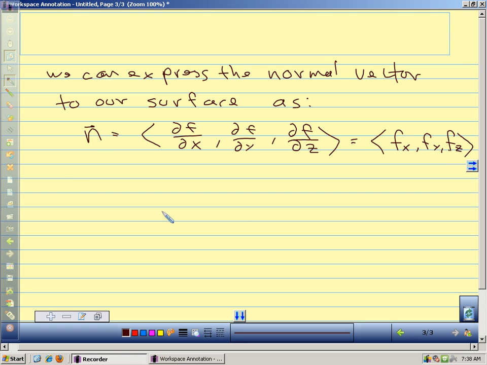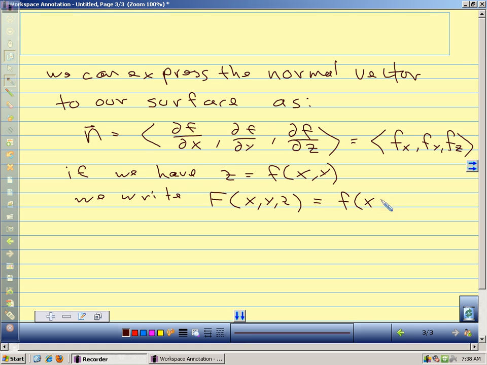And if we have a function of two variables, in the form z equals f of x, y, to find our normal vector to our surface, we want some function f of x, y, z equals a constant. We can write f of x, y, z equals f of x, y minus z.